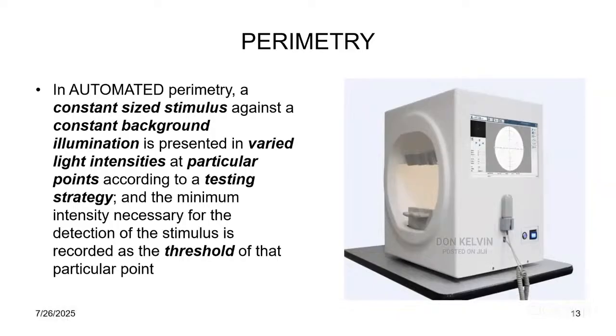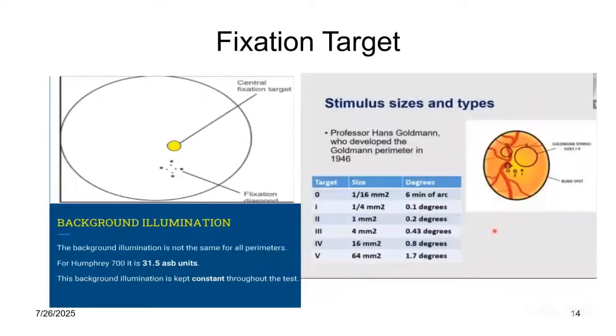And while you vary light intensity at a particular point, the minimum intensity necessary for the patient to be able to detect the stimulus is referred to as the threshold light of that particular point of the retina.